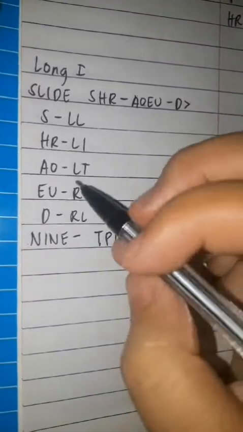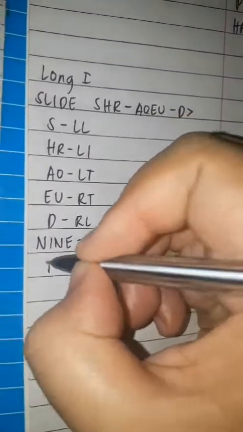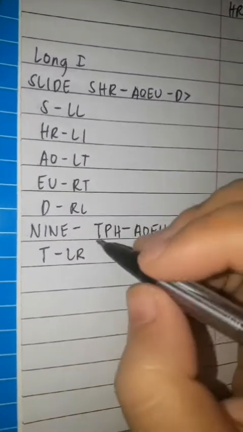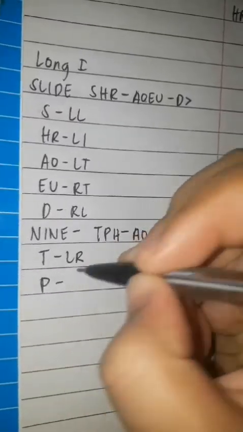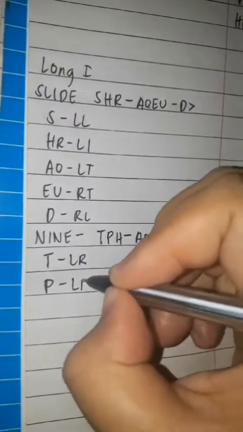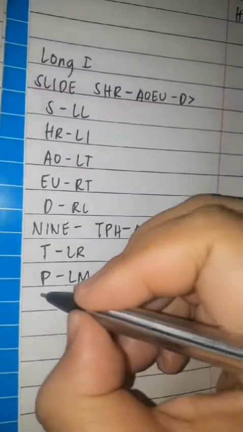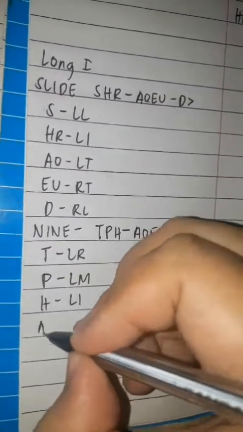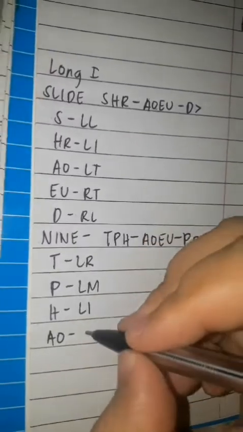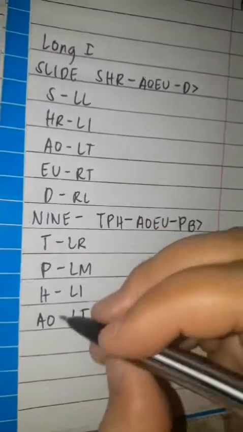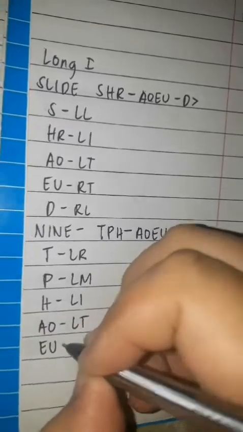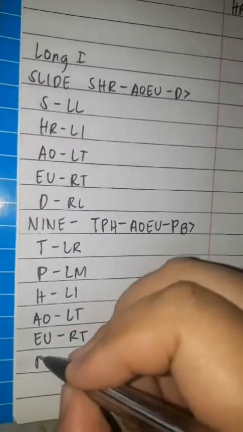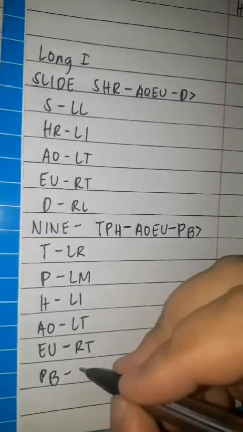So the assigned fingers, we have T for left ring, P for left middle, H for left index, AO we have left thumb, EU for right thumb, and PB for right middle.